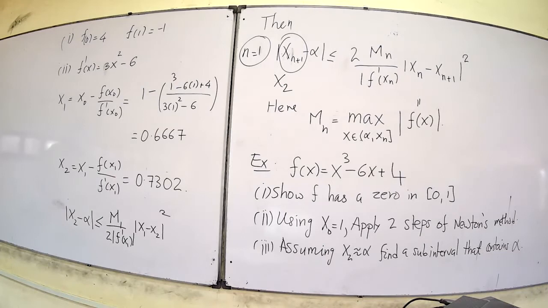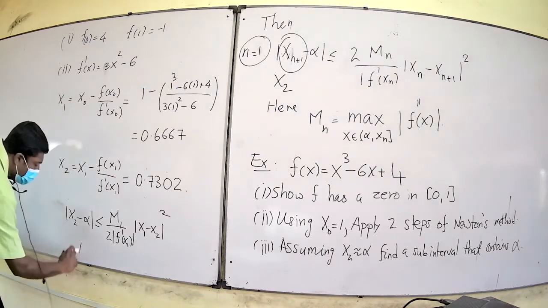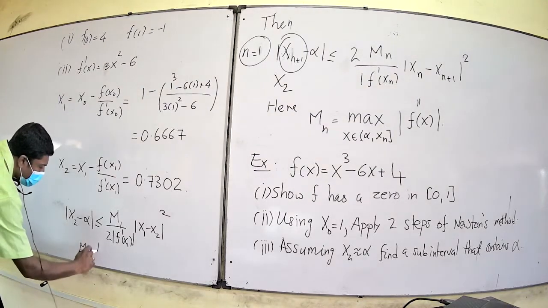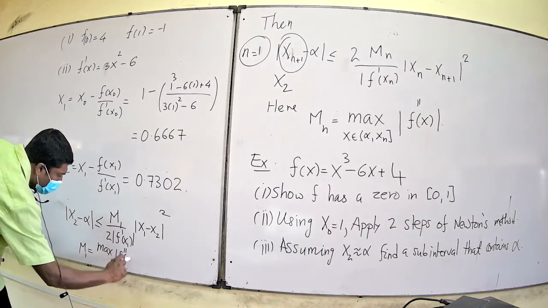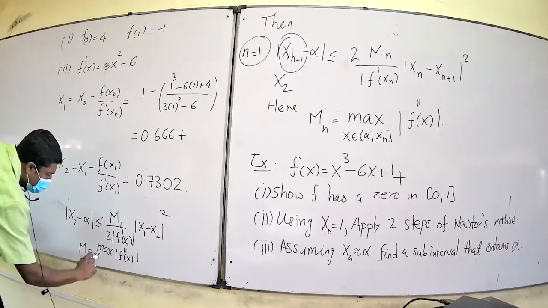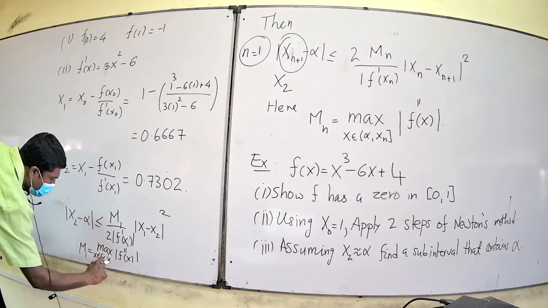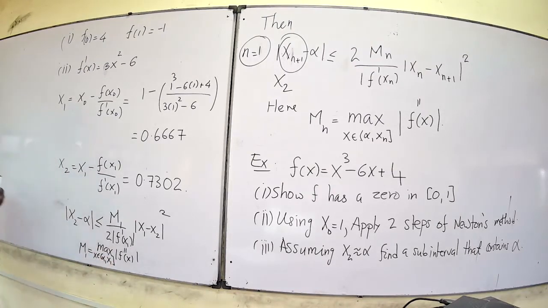Right? So here, according to this, your m1 is the maximum of f double prime of x, with x belonging to alpha, x1. So between alpha and x1, you will try to find the maximum.